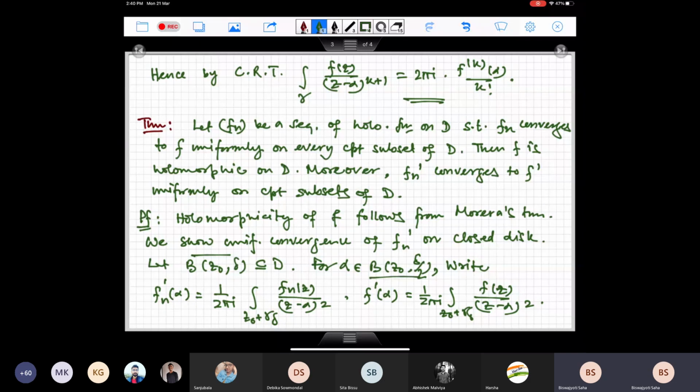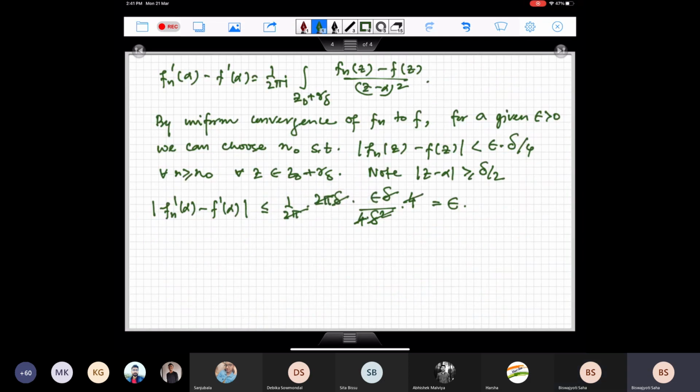If you take any z, any alpha from here, the difference between fn prime of alpha and f prime of alpha is uniformly less than epsilon, for all alpha in B z naught delta by 2.